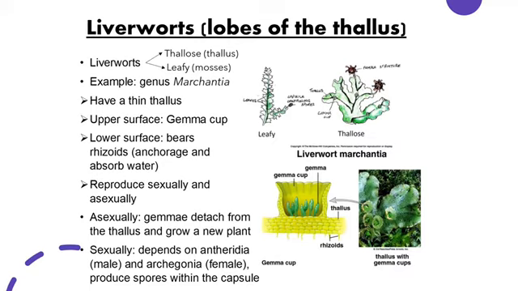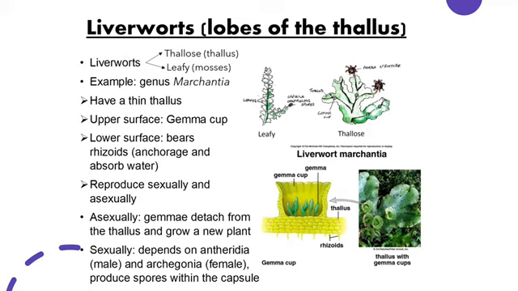An example of the liverworts is the genus Marchantia. The liverworts in the genus Marchantia have a thin thallus, about 30 cells thick in the center. Each branch lobe of the thallus is approximately 1 centimeter in length.